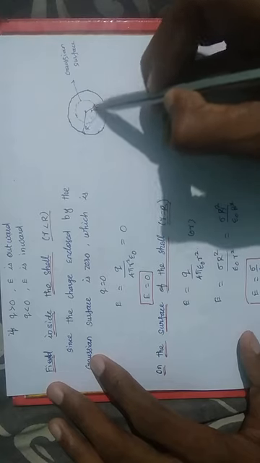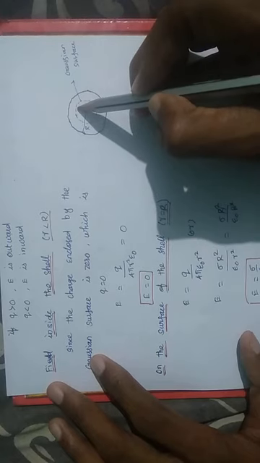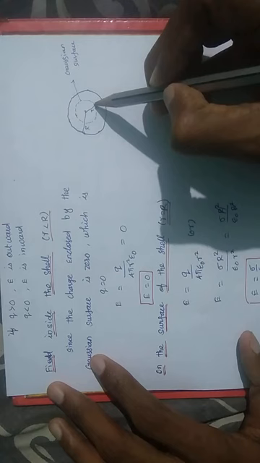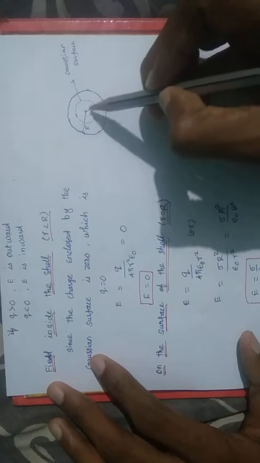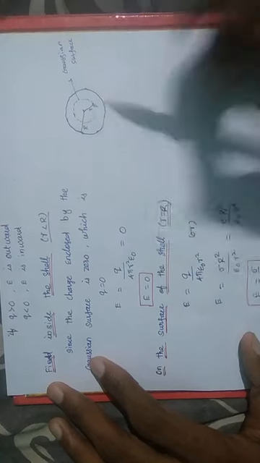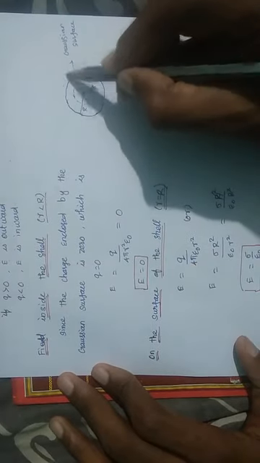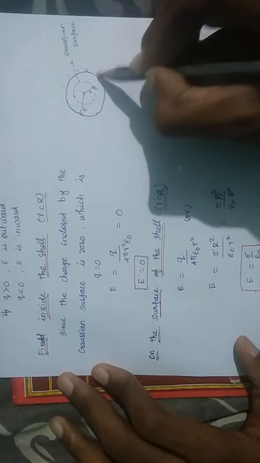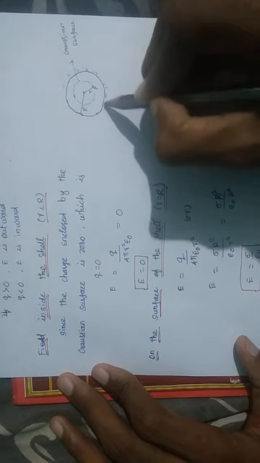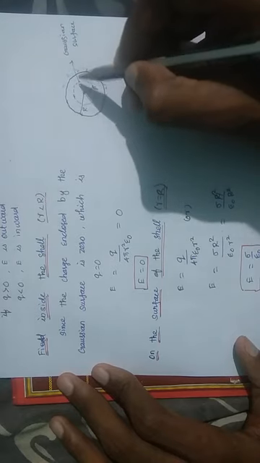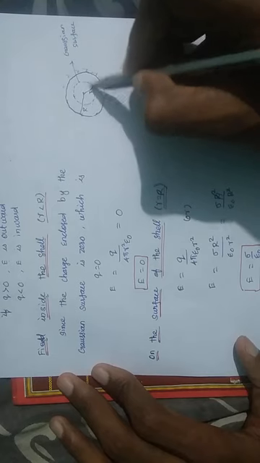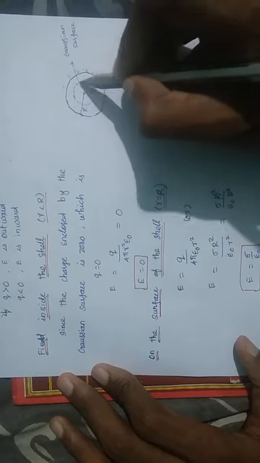For that, I am considering a Gaussian surface inside the sphere of radius R. Since the charges are located on the surface of the shell, no charge is enclosed by this Gaussian surface.